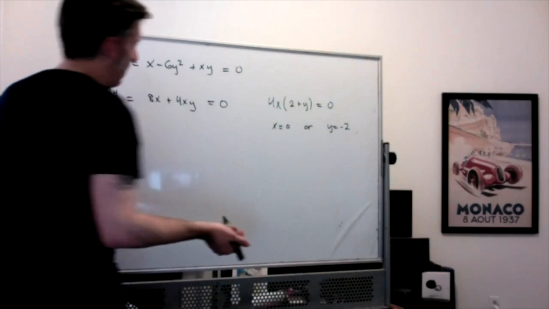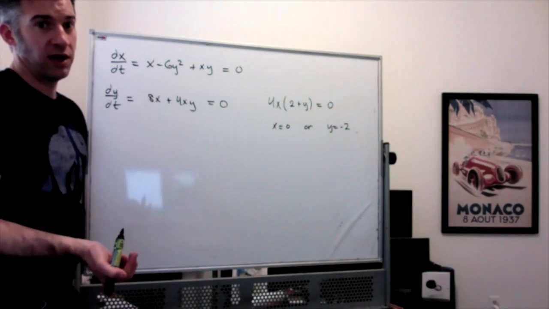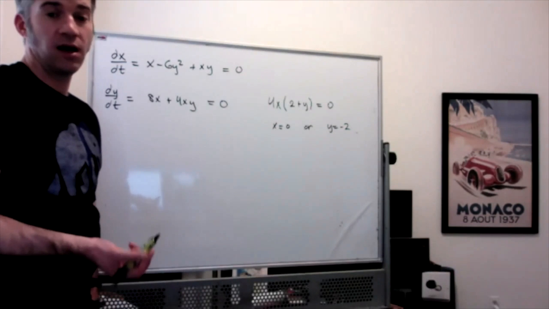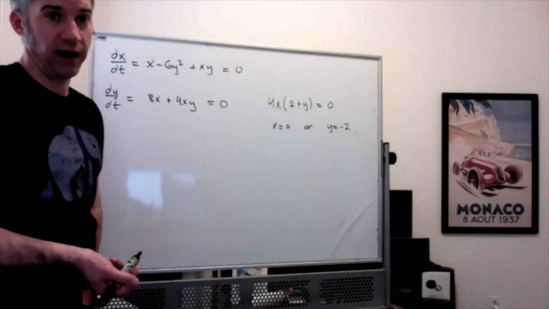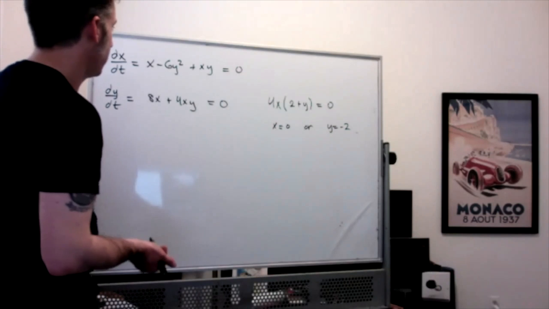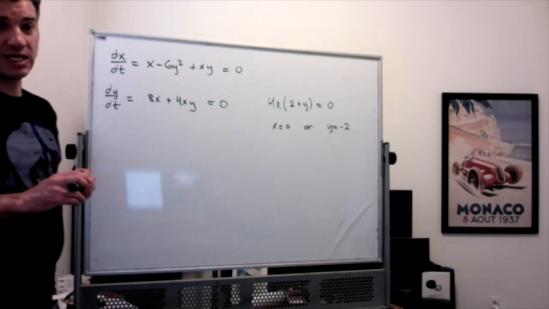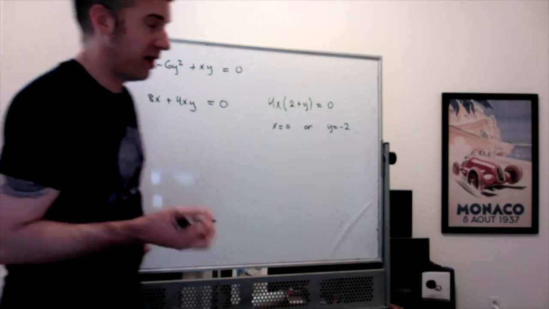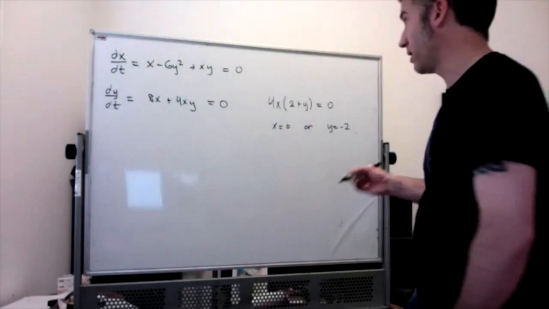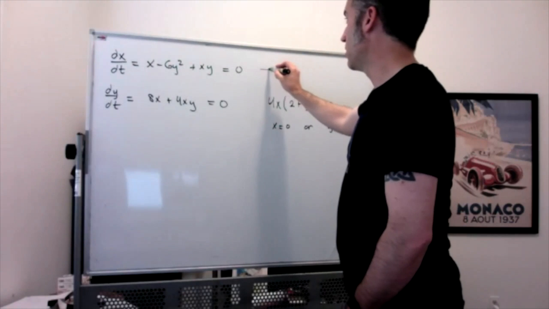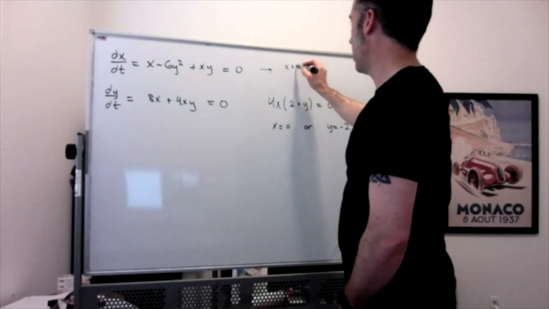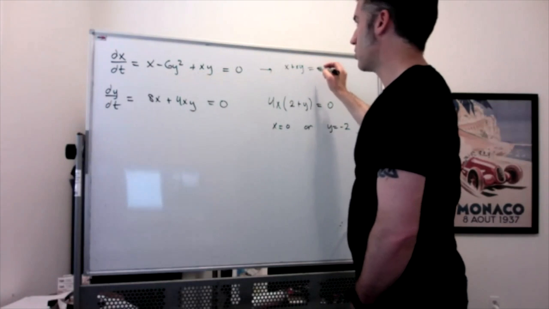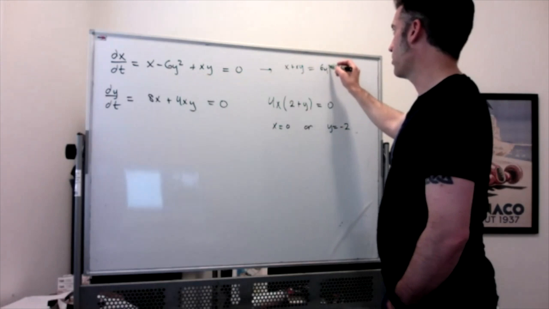Unfortunately, there's no real factoring to do here. So if I would also have the intent of graphing the null lines, I should try and solve for x or y as a function of the other variable. And here specifically, it looks like it's easier to isolate x. So if I was going to think about graphing the null line, setting this equal to 0, I would leave the x's on the left. So x plus xy equal to positive 6y squared.